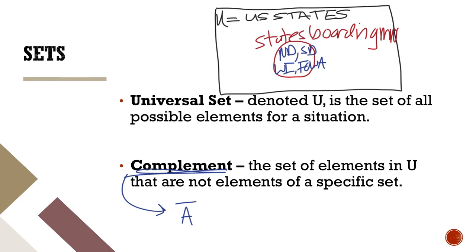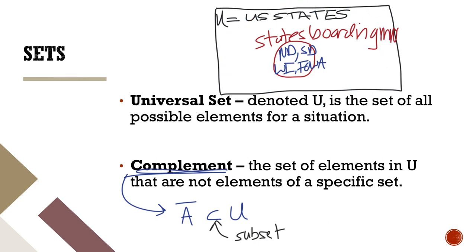So this A complement is what we call a subset of the universal set. This symbol means subset, which just means inside of the whole set. So if I wanted the complement of this, it is taking all of these away or subtracting them and having all the other 46 states.